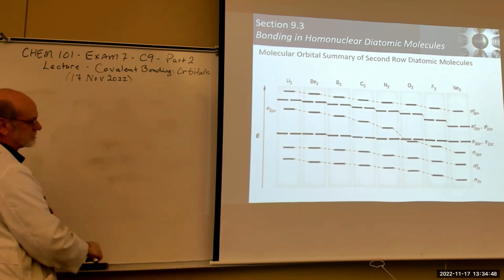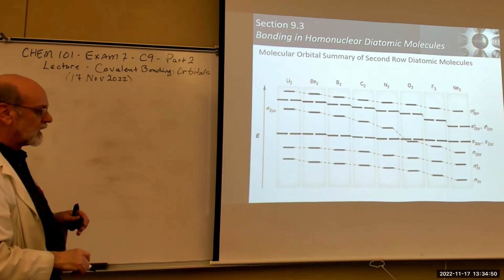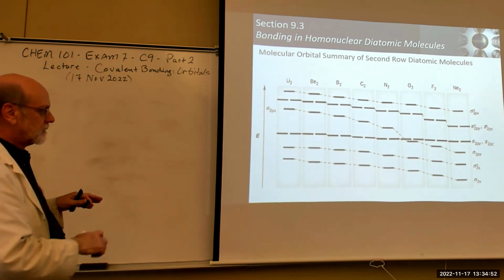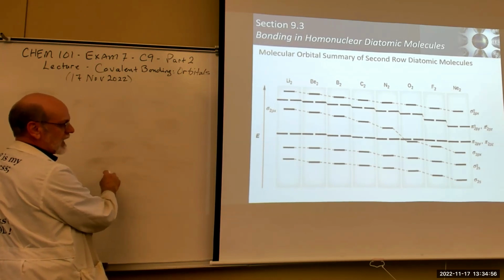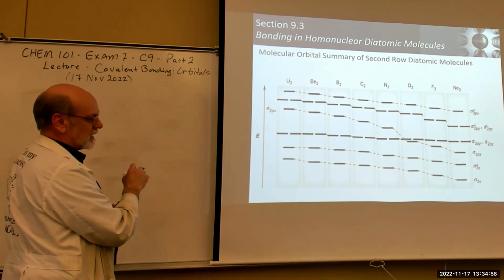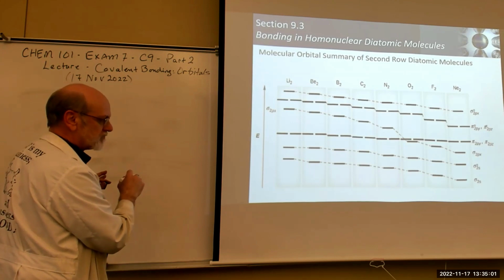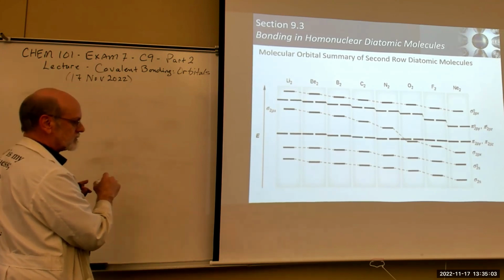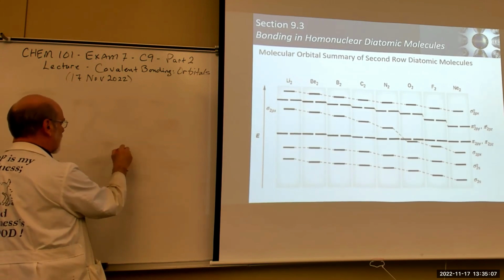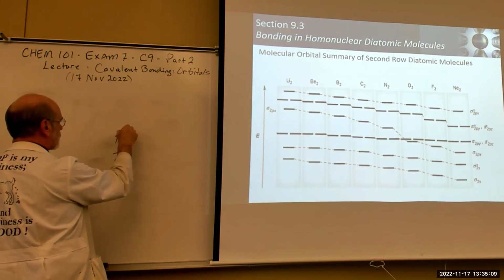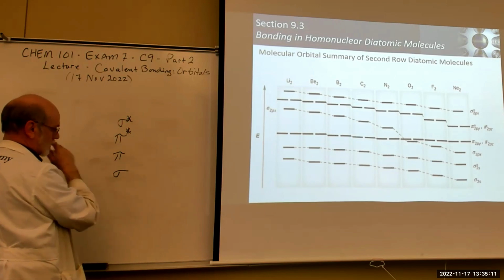That's not right. We would expect, with no mixing, and this affects the way the p orbitals interact, to have the sigma, the pi star, and the sigma star in that order.